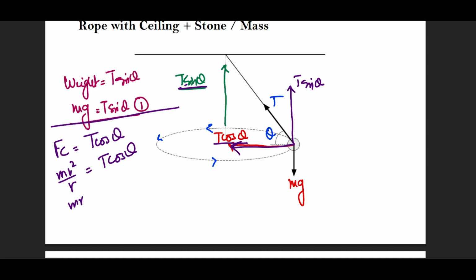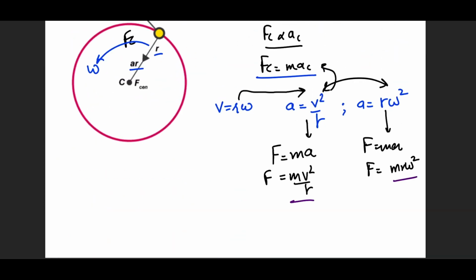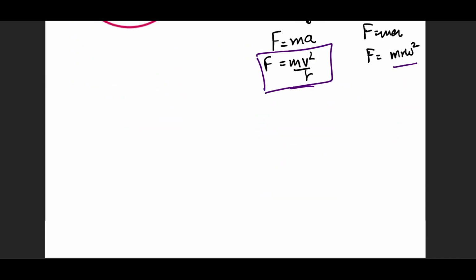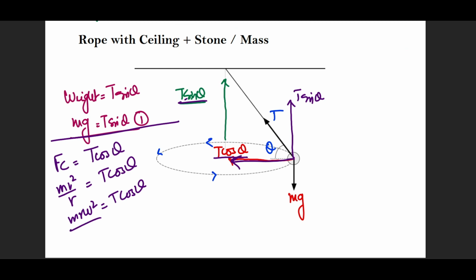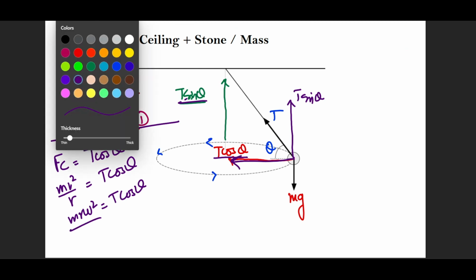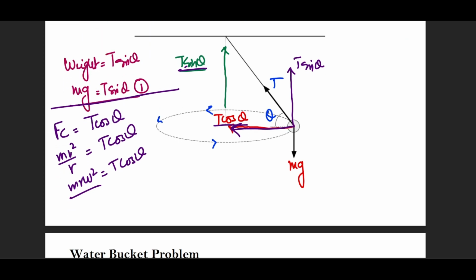It could have been m r omega squared equals T cos theta, depending on which formula you want to use. You will generally find that v squared over r is the one that you use mostly, but it could have been m r omega squared as well. It does not matter. So these are the two equations, and this is equation number 2. These are the two equations which are used to solve this system.